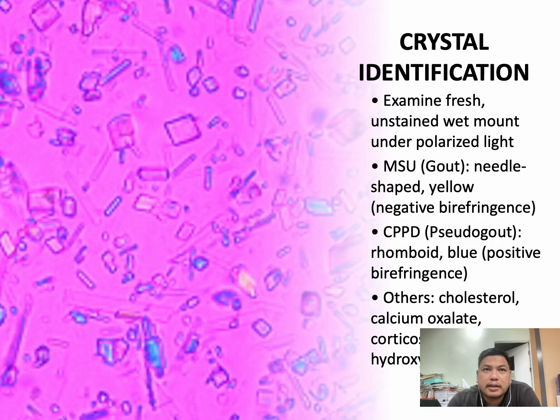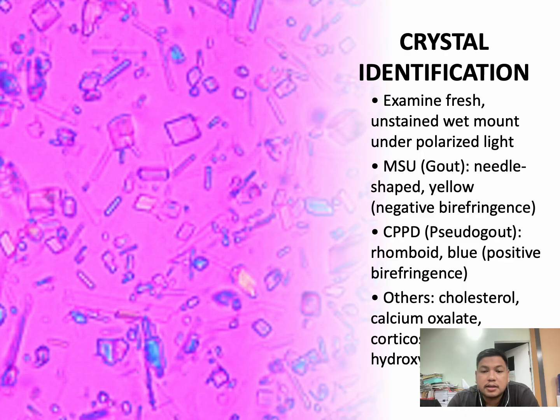There are several types of crystals that may be found in synovial fluid, but we are going to focus on two types since these are the ones that cause gout and pseudogout in our patients.